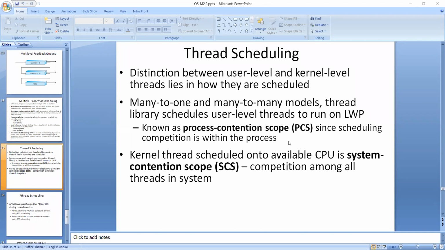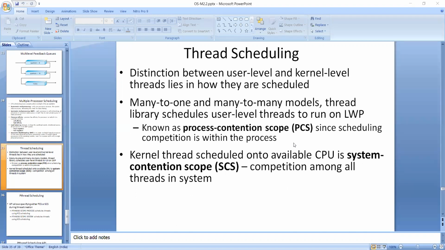Since the scheduling competition is within the process, it is called process contention scope, PCS. Here the kernel schedules threads onto an available CPU, where the competition is among all the threads in the system. That is system contention scope, SCS. If the scheduling competition is within the process, it is process contention scope.